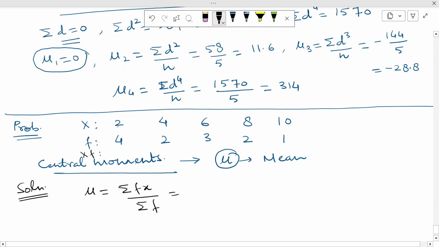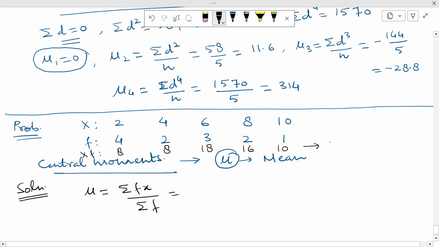When you multiply the first observation 2 with the corresponding frequency 4, you will get 8, again you will get 8, here you will get 18, here it is 16, and lastly we have 10 and 1, so it is coming out 10.